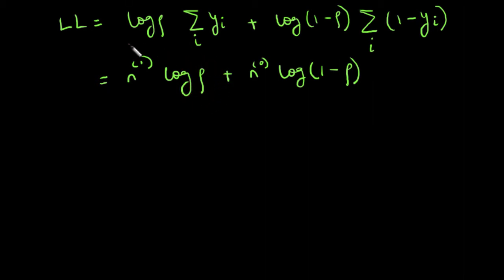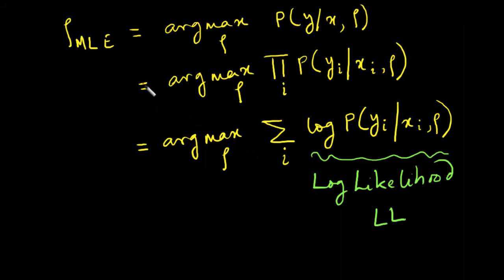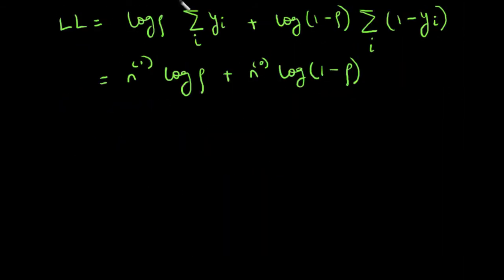If you remember, that is what we wanted to do. Our rho MLE, or the maximum likelihood estimate for rho, was the value for rho which maximizes the log likelihood of our problem. So how do you maximize? As you must have learned in school, the maximization or minimization happens at a point where the derivative of the function goes to 0.